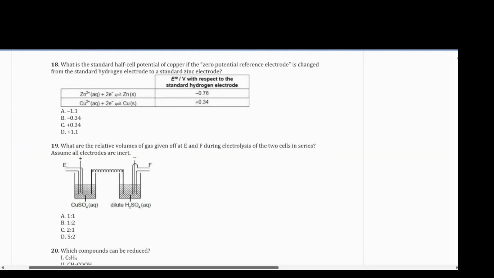Question 18. What is the standard half cell potential of copper? We're trying to work out copper, if the zero potential reference electrode is changed from the standard hydrogen electrode to a standard zinc electrode. So because the standard that we're changing to is more negative, or more reducing, we follow the usual protocol, which is 0.34 minus minus 0.76.